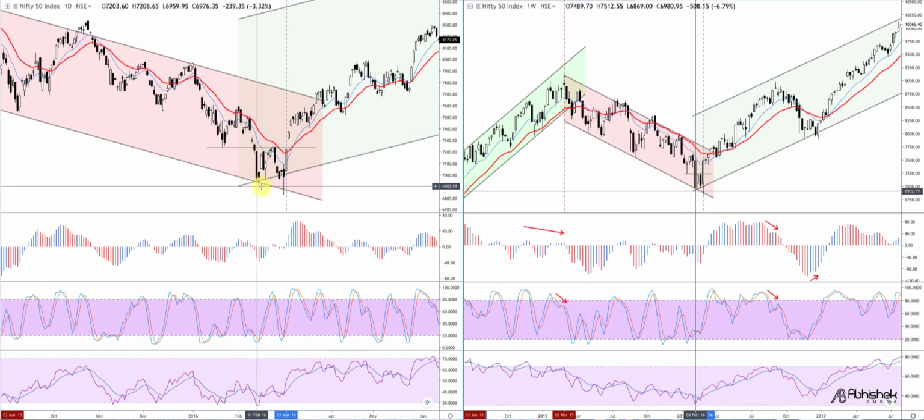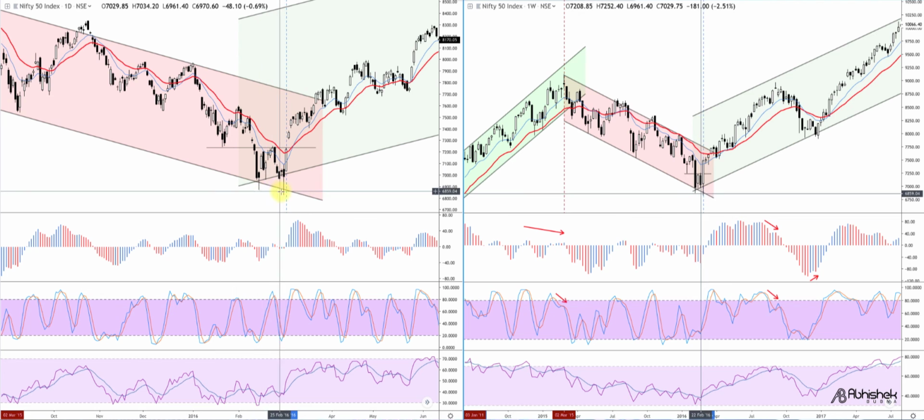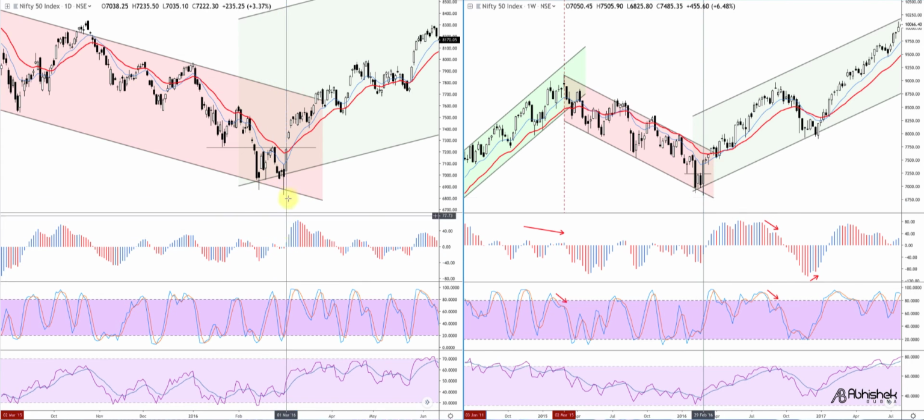Similarly, when the trend changed, you got a hammer here in the daily chart, another hammer here, another very long wick on the lower side, a bullish divergence in the daily chart, and you could have gone long here. Again, once the range is broken, easy peasy.